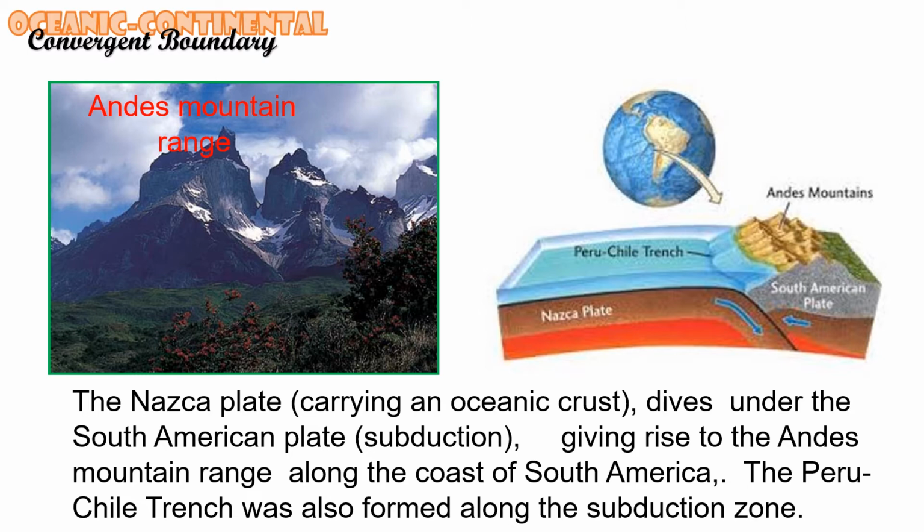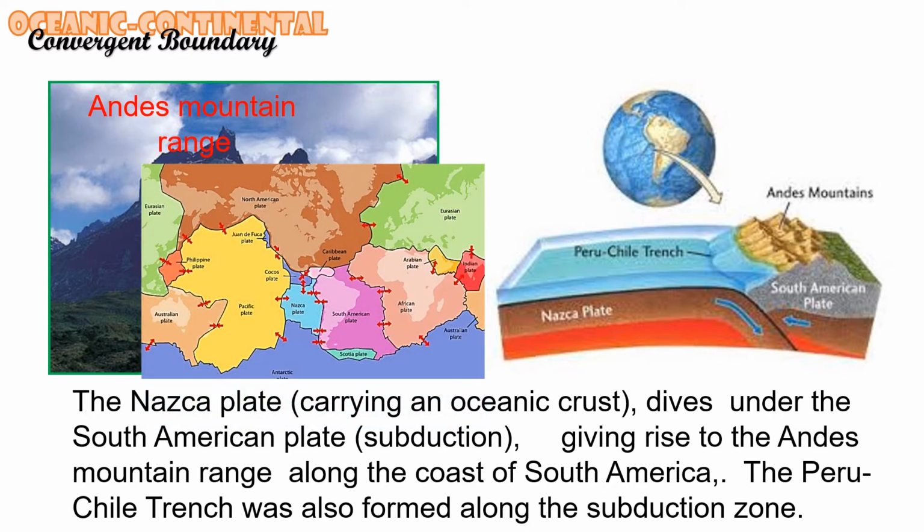Since Nazca is denser, it will be subducted towards the mantle of the South American plate, where the Andes mountain range is formed. But don't be misled. This mountain range is not just a mountain. They are actually a volcanic arc. They are volcanoes. The Peru-Chile Trench was also formed along the subduction zone.